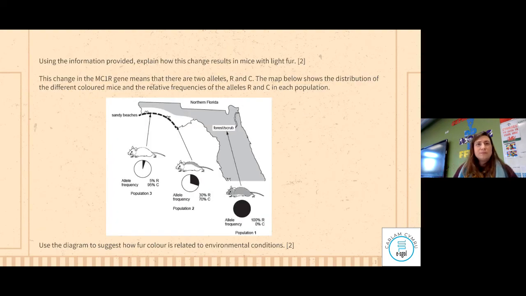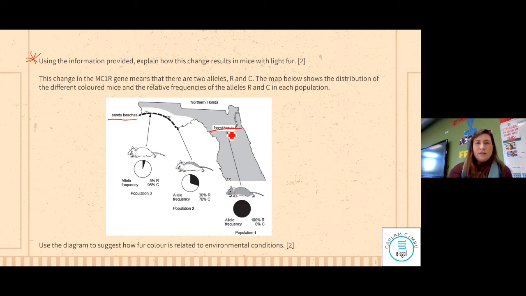Have a look at this question. Okay, if you can't remember the information, you can look at this one later. Okay, they're giving you key information.